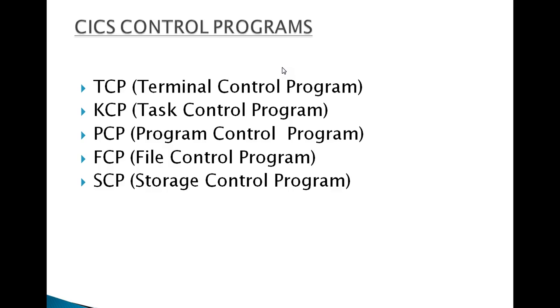For example, to copy one file to another, you can write a COBOL program that reads one file and copies to another, but the fastest way is to use an IBM supplied utility with a single JCL. In the same way, CICS supplies various control programs and control tables that are used in the background for CICS operations.